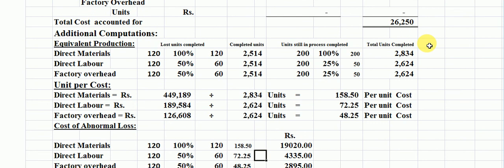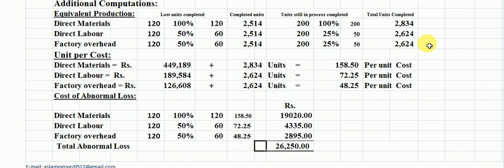Now students, our abnormal loss amount is here. You are seeing above in the first section the units lost in process are 120 units. Material is 100% completion, and then the completion of work is 120 units, and per unit cost is 158.550 as a material.